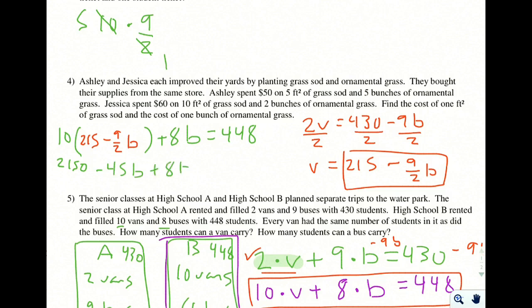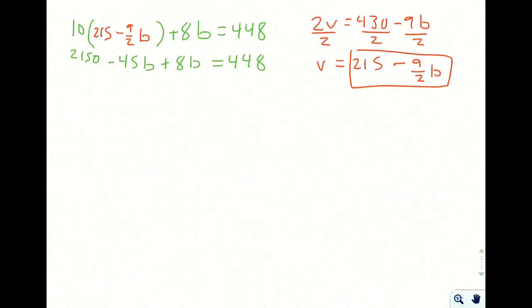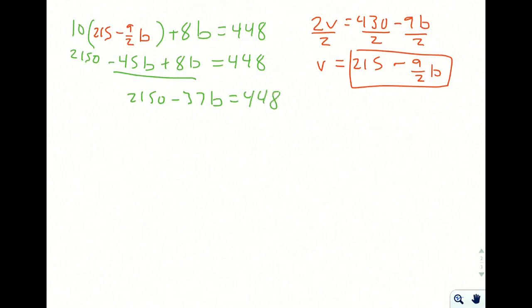And then we just keep going along, plus 8b equals 448. Made myself a little more room here, and let's keep on working. We want to consolidate our like terms here on the same side, so 2150 minus, and that's going to be 37b, we consolidate those, equals 448.